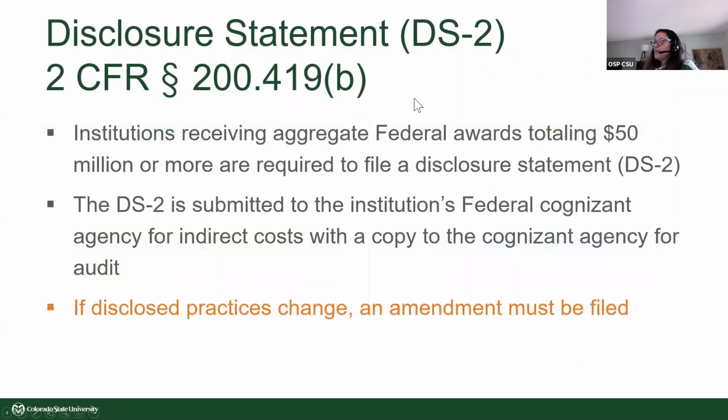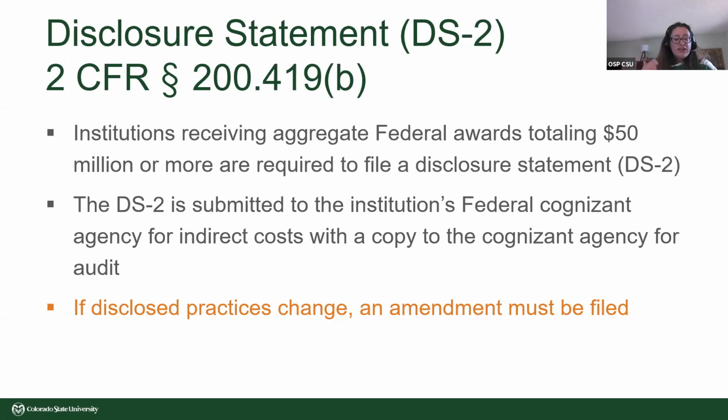DS2 you should be familiar with. Again, just institutions that receive federal awards totaling 50 million or more have to have this disclosure statement, and we must be following it. We learned of a case recently from some colleagues at University of Wisconsin-Madison where they had a practice of returning funds to a federal agency.